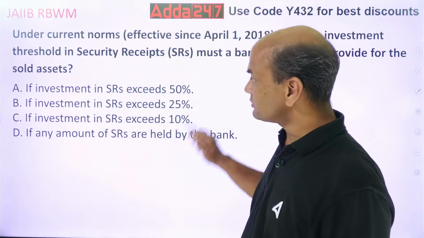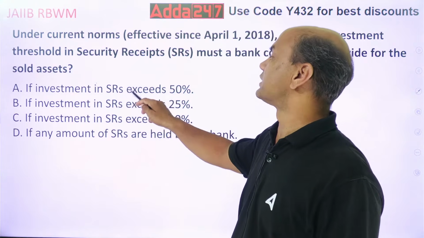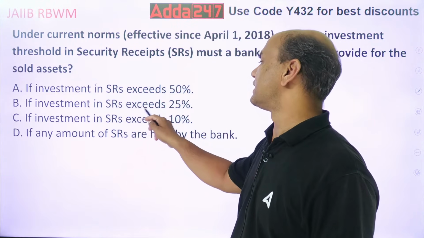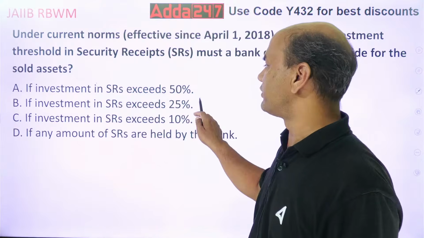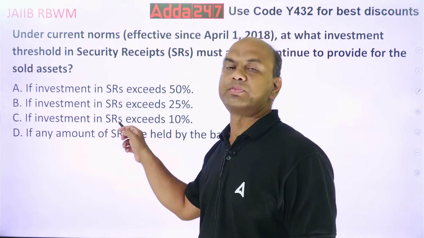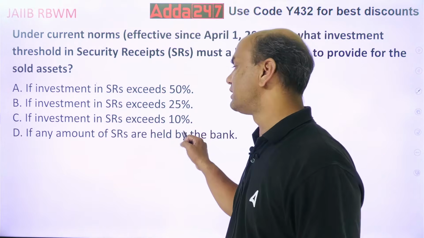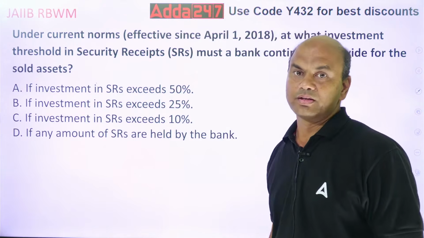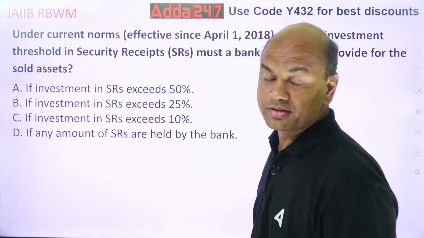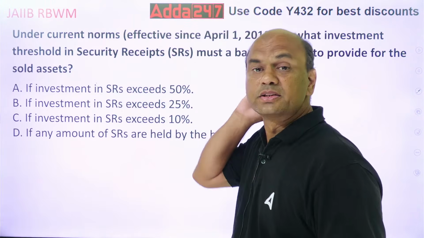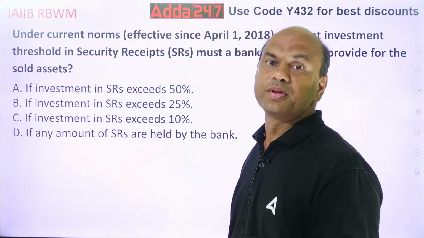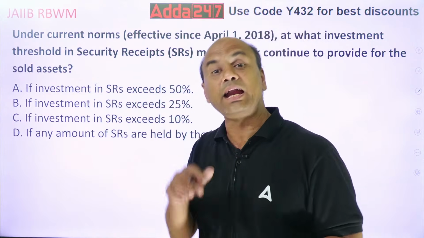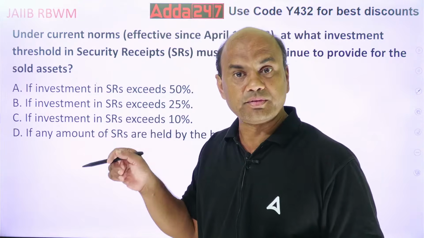If the investments in the security receipts exceed 50%, if the investment in the SRs exceeds 25%, if the investment in the SRs exceeds 10%, if any amount of SRs are held by the bank. Now, what are security receipts? That is also important. Under securitization, a security receipt means the receipt given by that SPV to the bank.